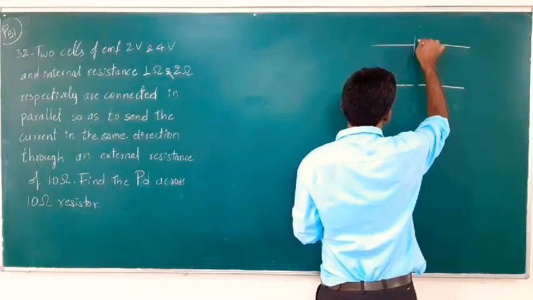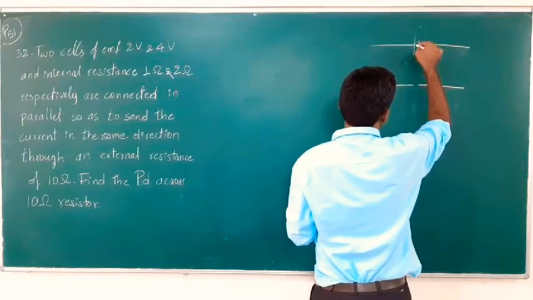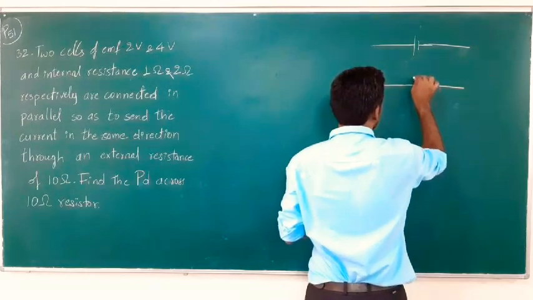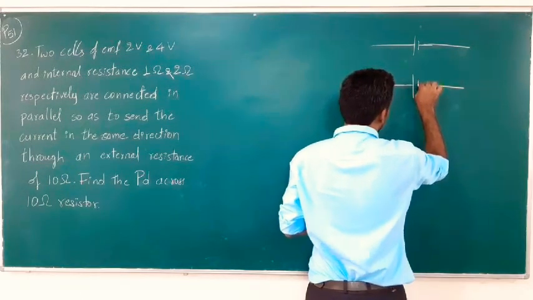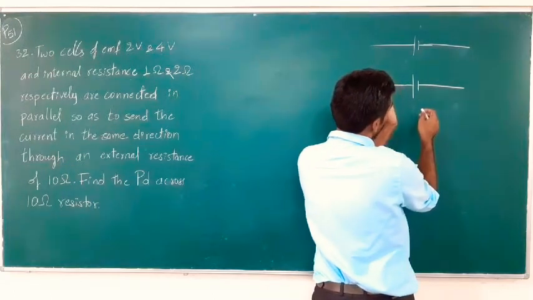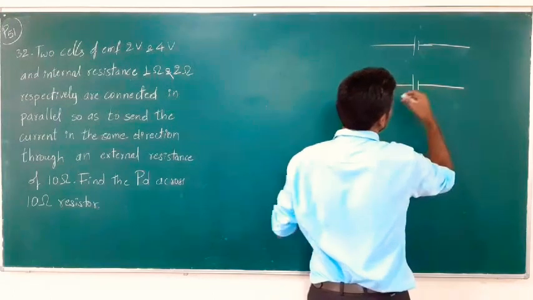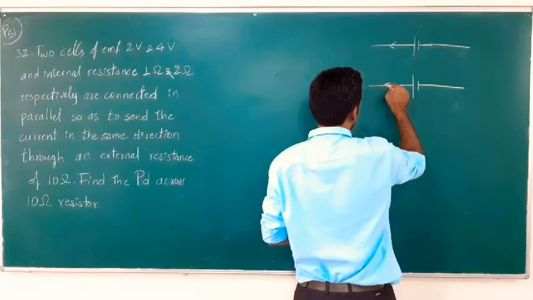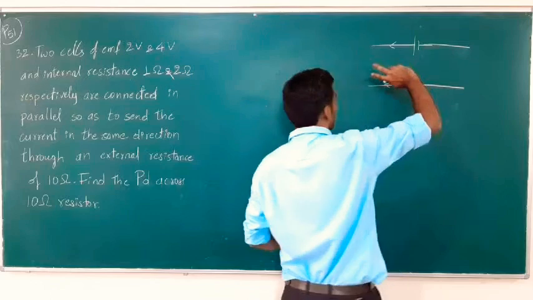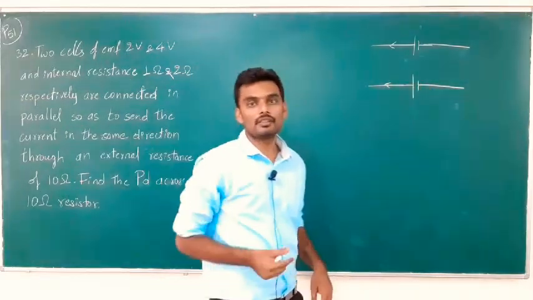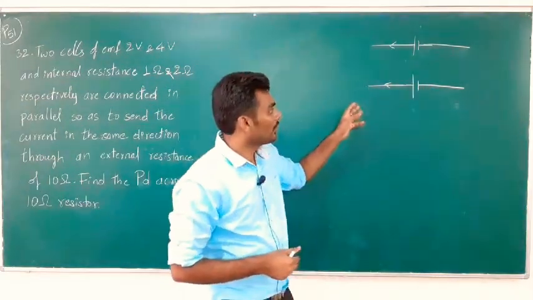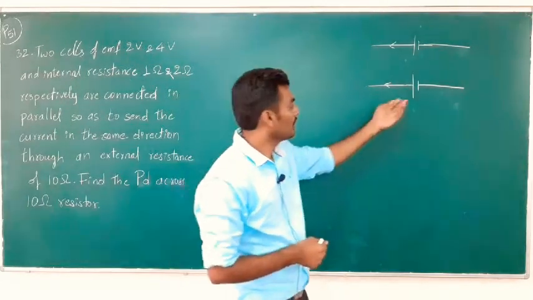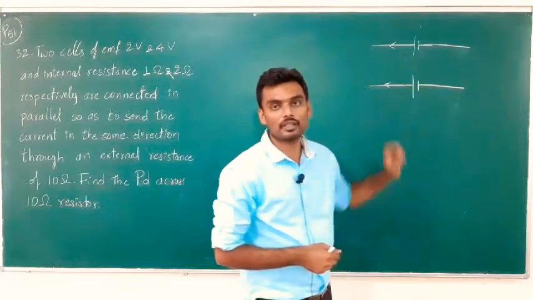If I take the first cell with positive terminal to the left and negative terminal to the right, then the second should have the same arrangement, and only then can they send the current in the same direction. If the current sent were opposite in direction from the cells, then the direction of one of the cells should be reversed.